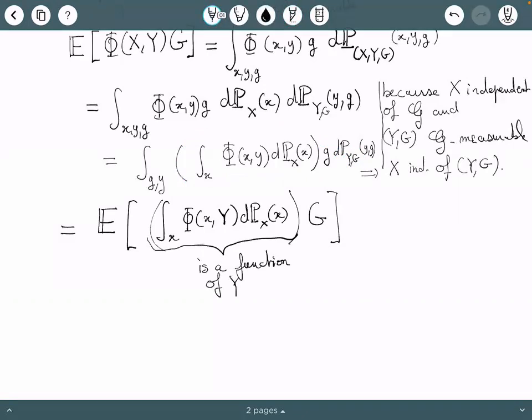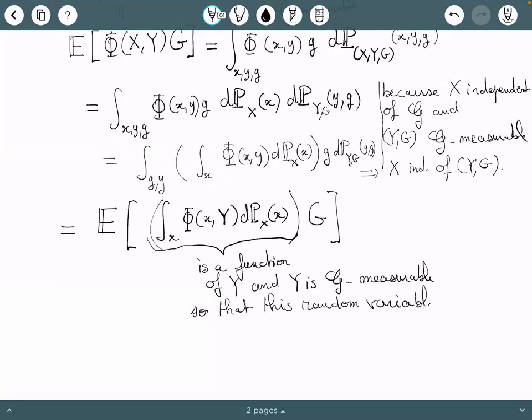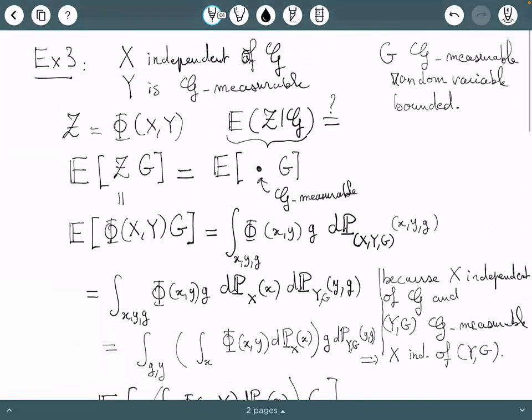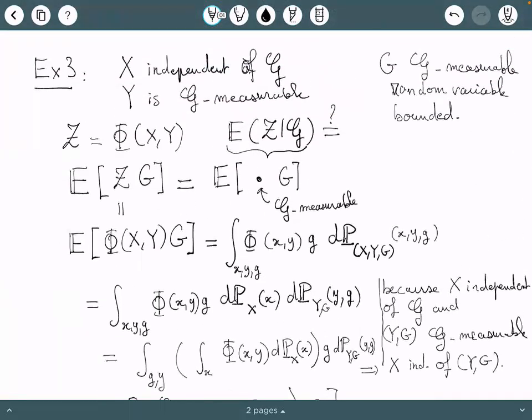And since it is a function of y, and y is G measurable, this random variable here is G measurable. So it is exactly what I wanted. I wanted to rewrite this expectation of Z times g.